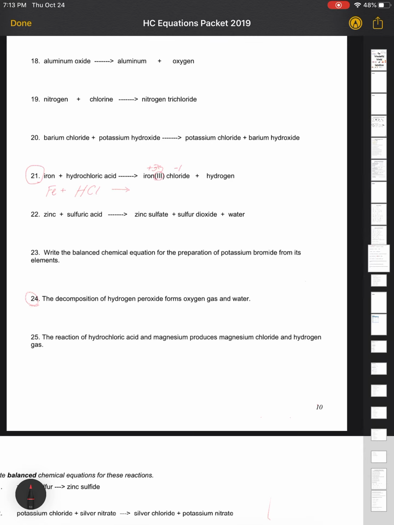Chlorine would be a -1, and then hydrogen, since it's an element, we do not need to worry about the charge on that. It's actually covalently bonded here, and so we're not going to worry about it, but we'll talk about that in a second. So as we're writing the formula first, we need to make sure that we balance out our charges. And so we actually need 3 chlorines to balance that out.